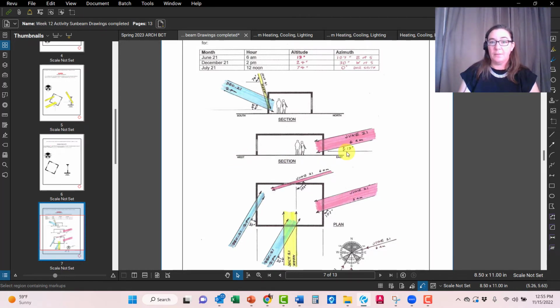This one is cutting east-west, and so we can really see that June morning sun is coming in. This one is cutting north-south. I thought that was a little confusing, but it's cutting this direction, and so we can see right here that we've got some December and July sunbeams coming in.